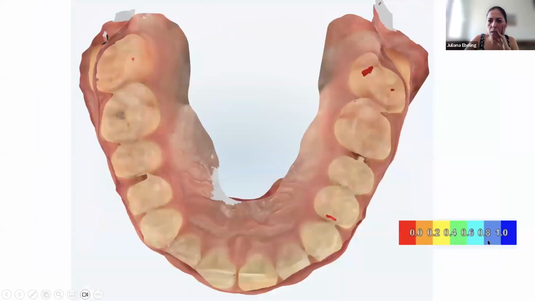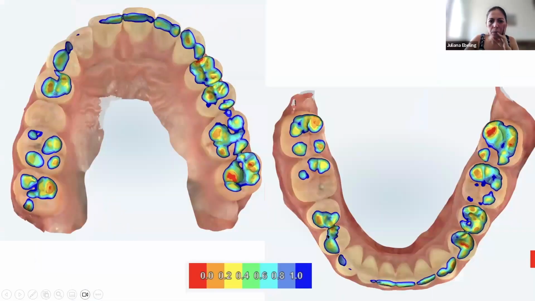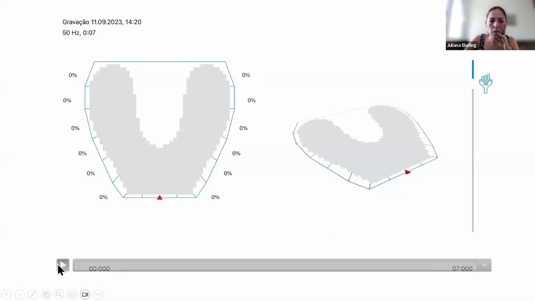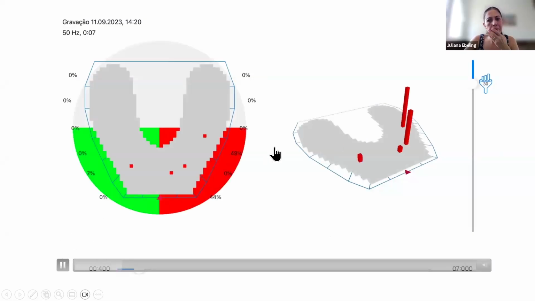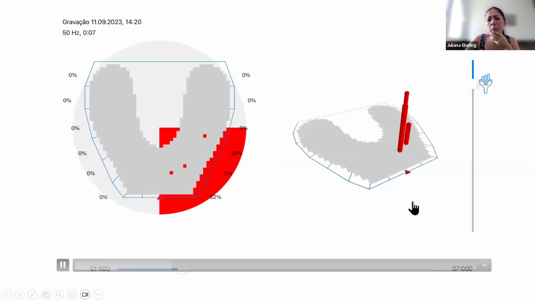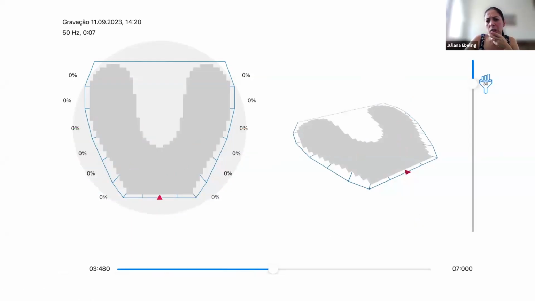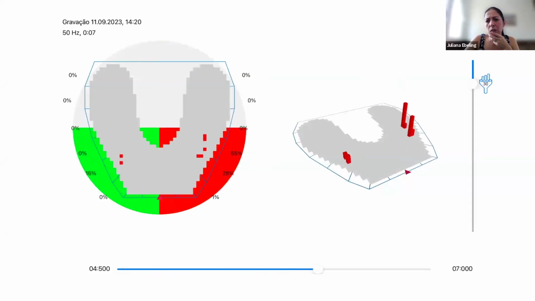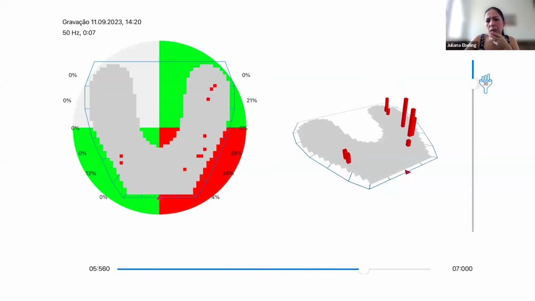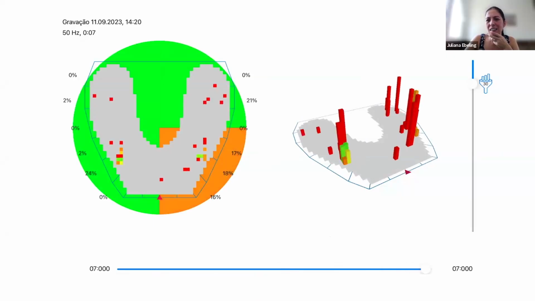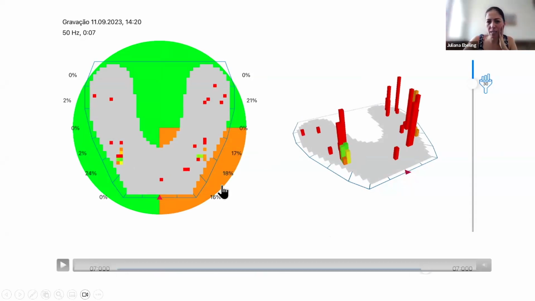And then this is the OccluSense at the beginning. A very, very poor contact distribution. It's aligned, with good curves, but with no contacts.